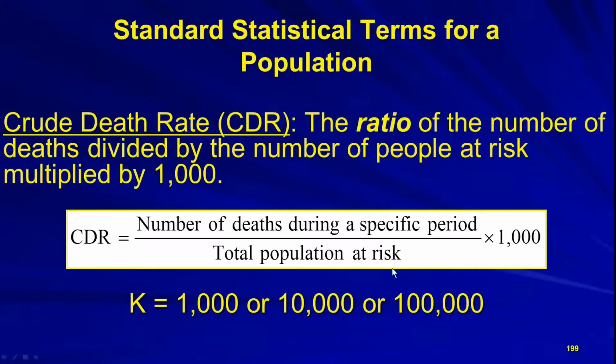Okay, but this is the standard formula for a crude death rate. Now I want you to know that oftentimes these statistics are referred to by their initials. So we got CDR, and you'll see that, and the expectation is that you would know what CDR means.